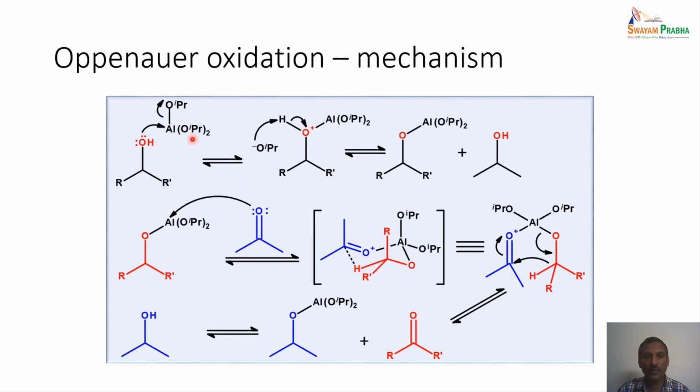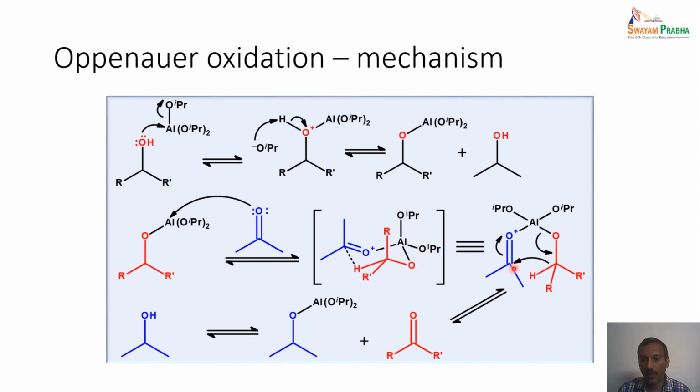In the initial step we started with 3 isopropyl units on the aluminium. Now we only have 2 groups because one group is lost as isopropanol. So the aluminium now has only 2 isopropoxyl units, shown here in black.